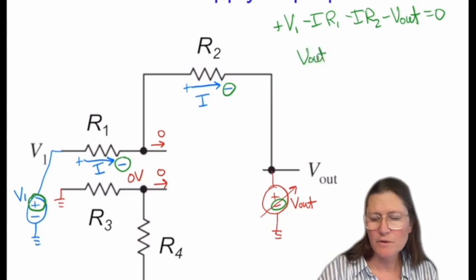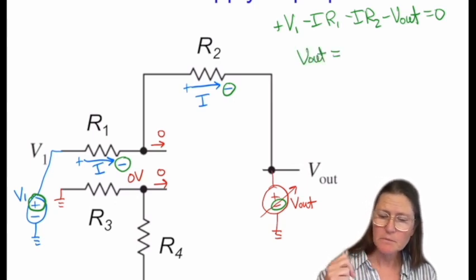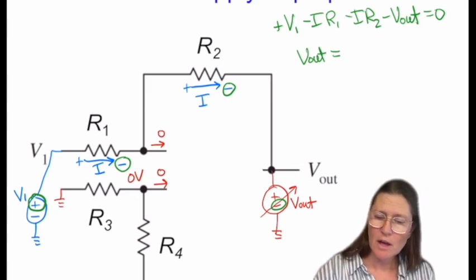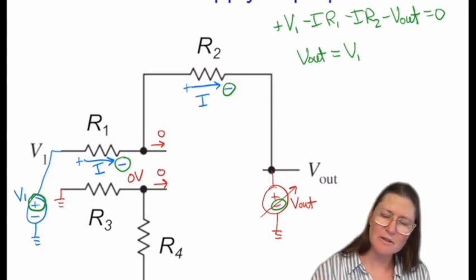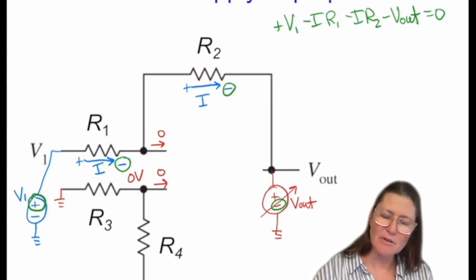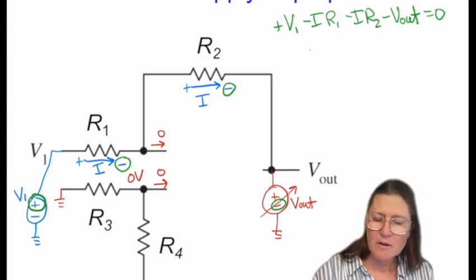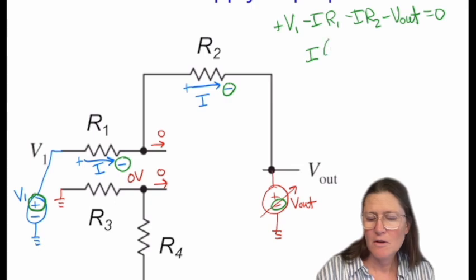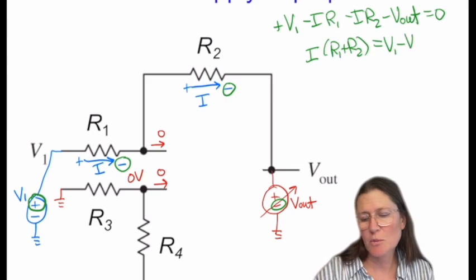And I can solve for V out here. I'm wondering if it's easier to do I first. Let me go back and do I first. So solving this for I, if I take those over to the other side, this is just V1 minus V out, and then over R1 plus R2.